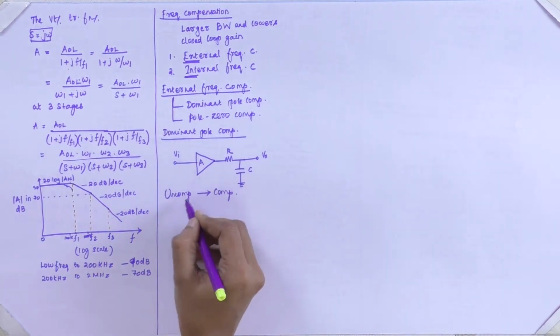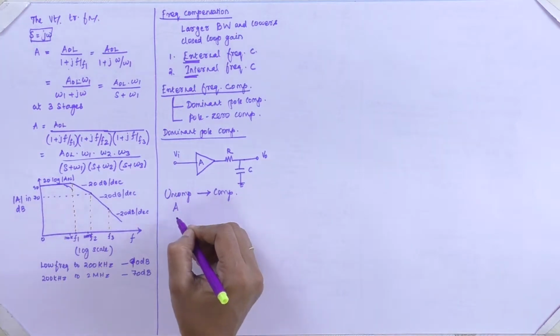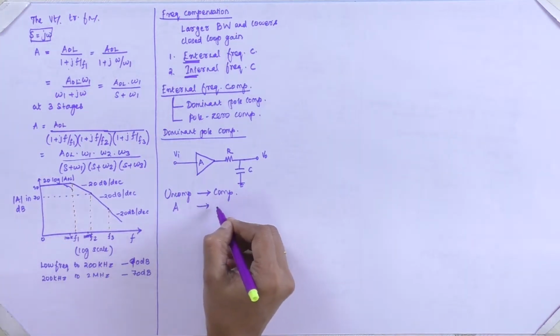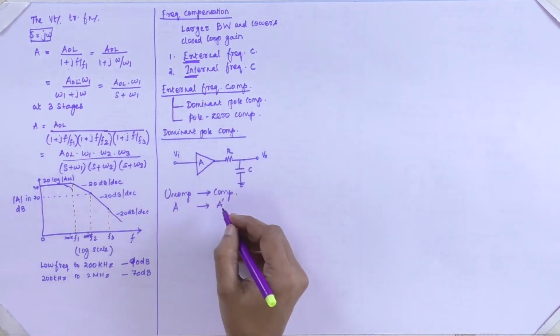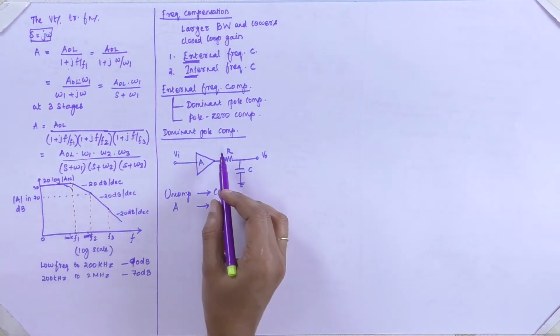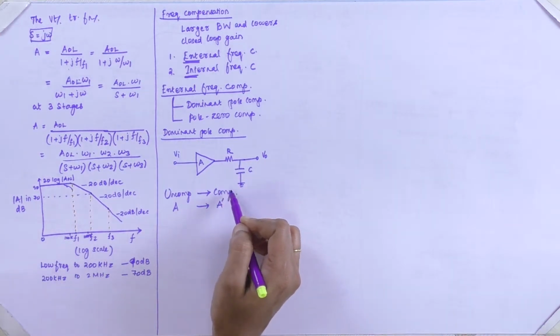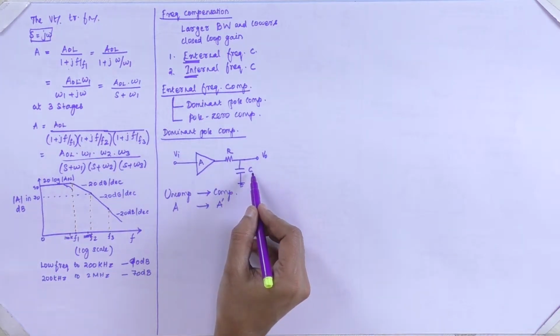The uncompensated transfer function gain of this op amp is A, which is to be compensated, with the compensated gain given the notation A dash. Now we are going to make the compensation by adding a series resistance and capacitance.